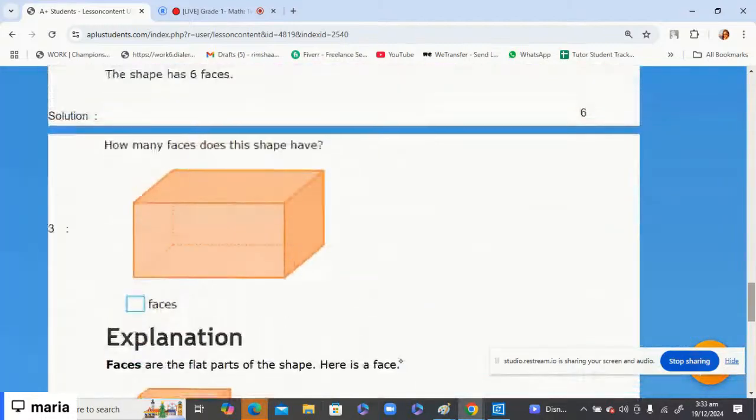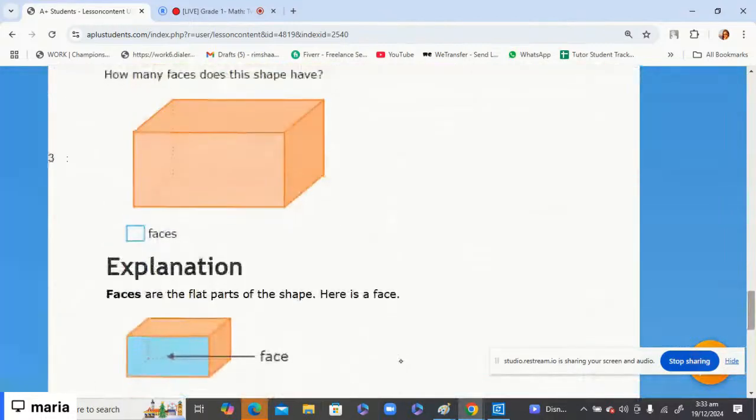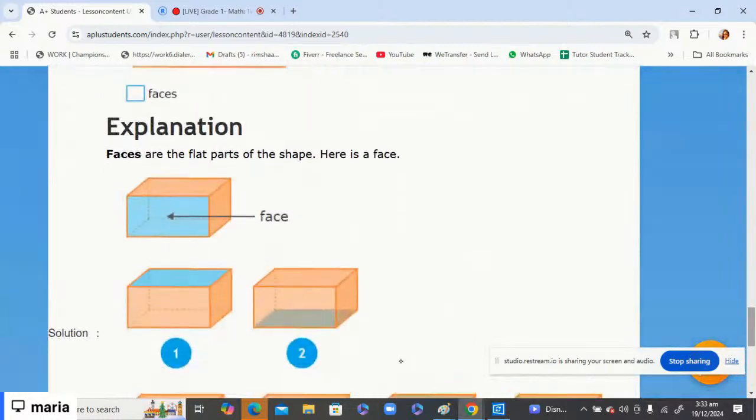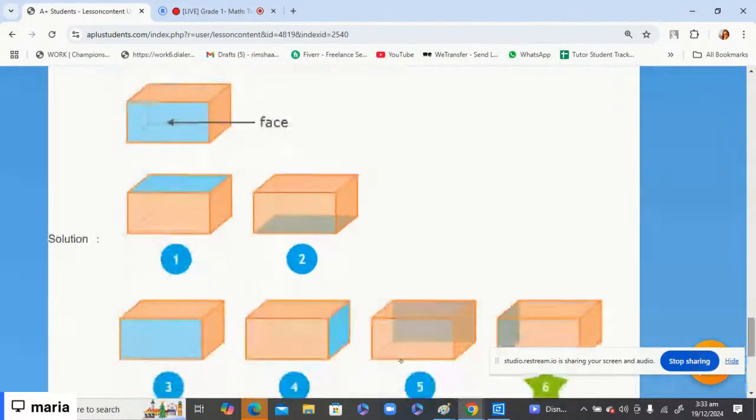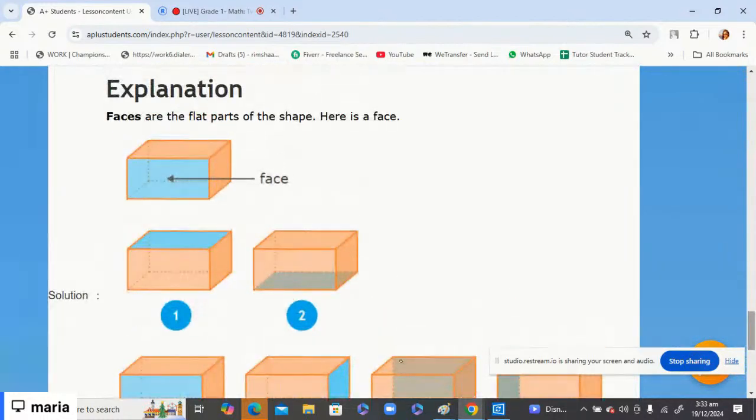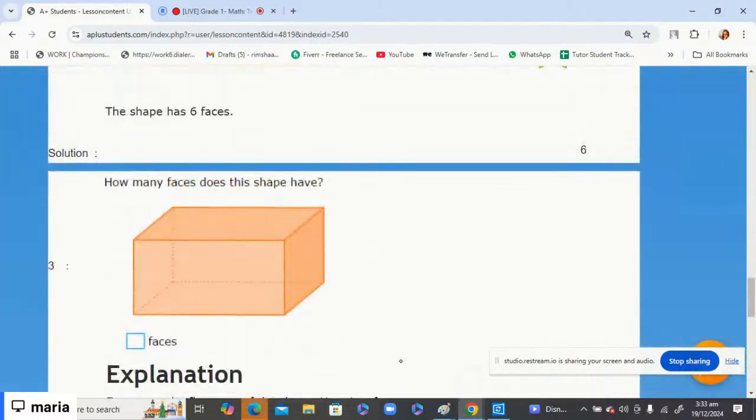Now look at here. At this rectangle shape, how many faces? It's again the same. Top. Okay, now let's see. This is the top one. Now it's the bottom one. Left side, right side, back and front. You're going to remember that thing. How many things are you going to remember?